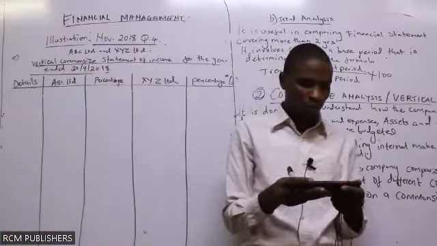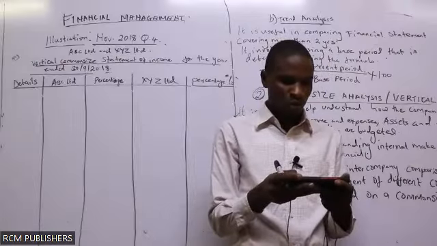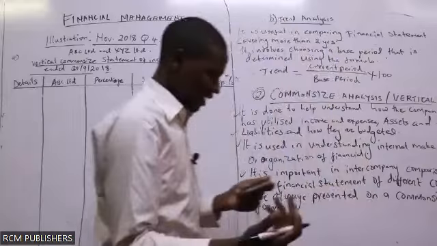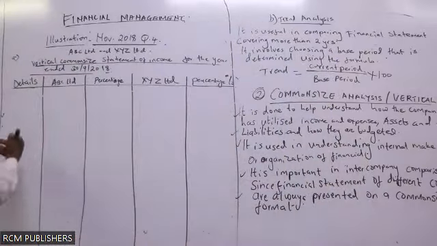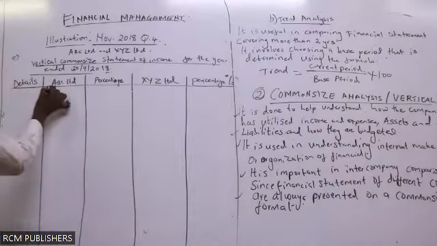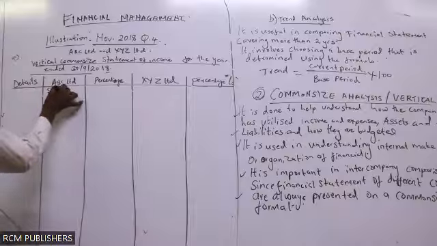So we have to move direct. I can first of all copy. I have revenue here, and the figures are in million. That is something that you should never forget.